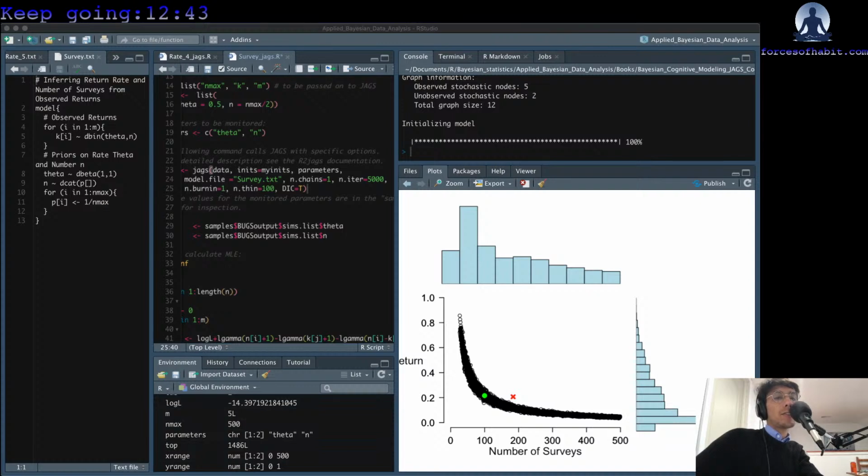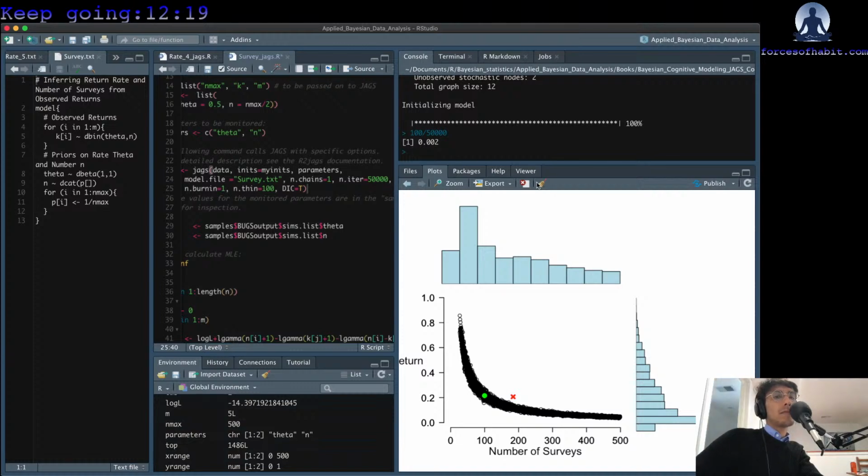Run 50,000 total samples. So because we're doing 100, we're grabbing a sample after every 100, right? So that makes sense.